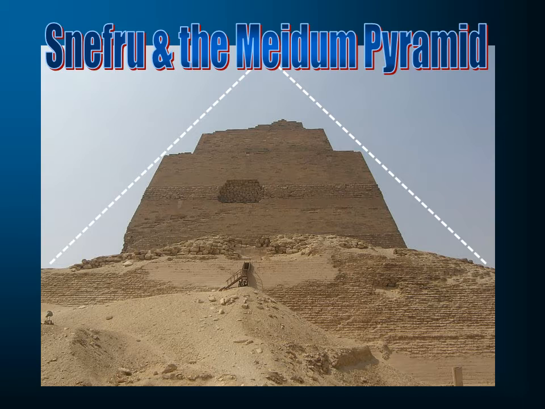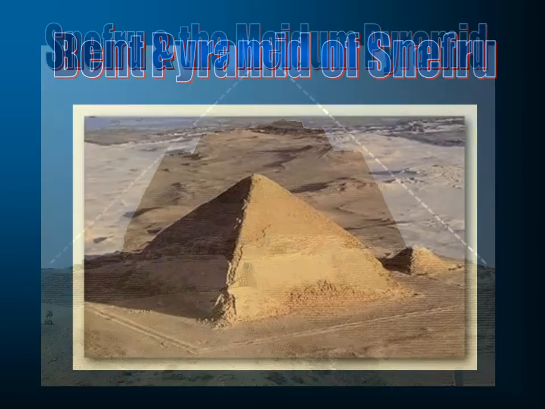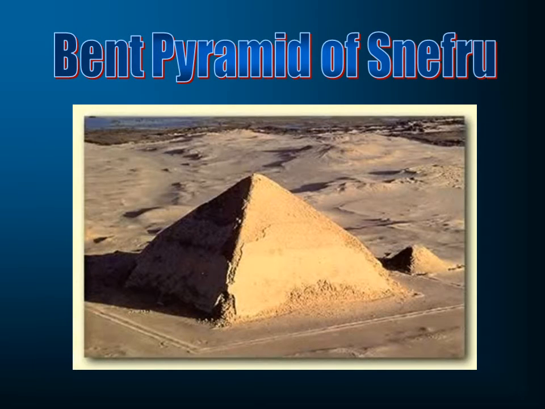And Sneferu didn't give up. He next goes to build a second pyramid. Now remember, the pyramids are designed to replace the mastaba. They are going to be burial places. And this pyramid, they start to build it, and about halfway up, it starts to crumble as well.